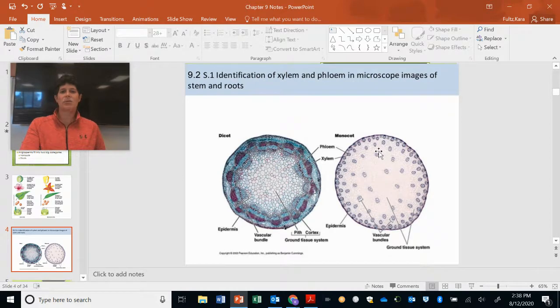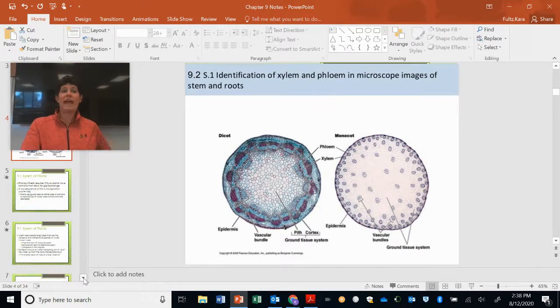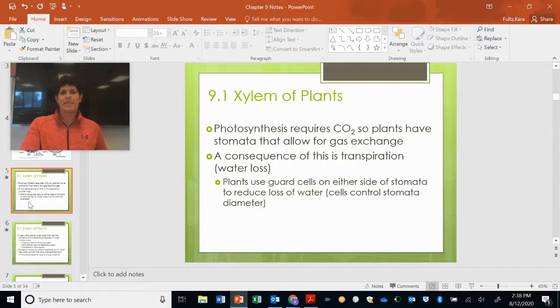Whereas in monocots, you get what are called vascular bundles. They're kind of just randomly spread out inside the stem. So you can see there's a little xylem and phloem paired together here and another one here. So it's a really easy way to tell the difference between a monocot and dicot when you're looking at a cross-section inside of a microscope slide.